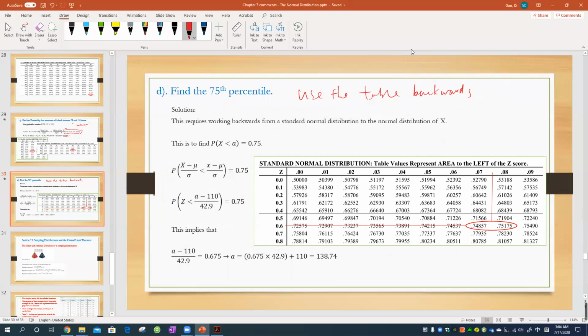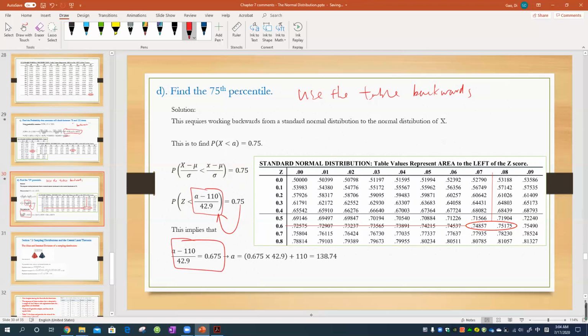So we will write it as probability of z smaller than the standard score, the z-score, equals 0.75. So now we can check what this whole thing equals. The whole thing equals 0.75 is right in between, so the whole thing equals 0.675. And then we say this is the equation, and then solve for a.